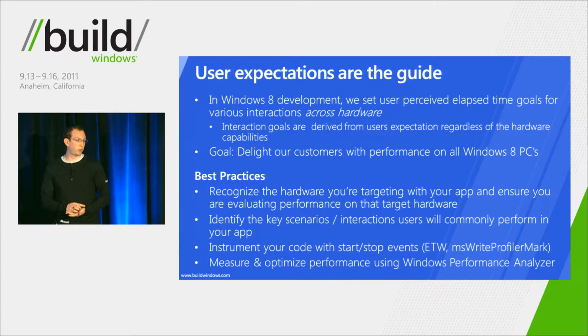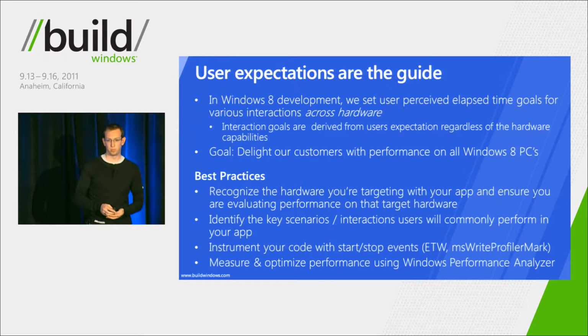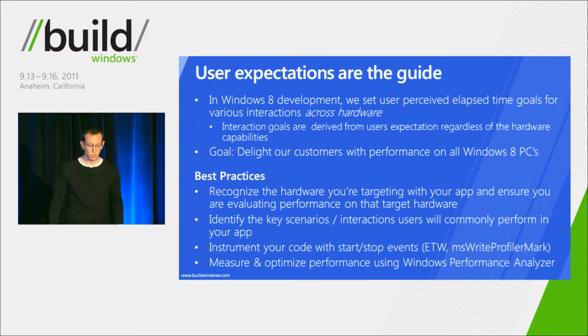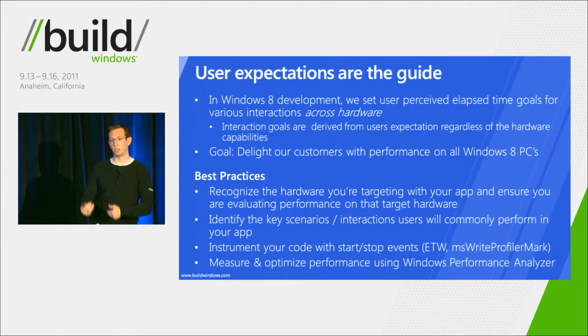So we've talked about a number of resources on the system. We've talked about general power consumption and how the app model has changed to make power consumption and responsiveness the default. What we want to talk about a little bit here is how, in Windows 8, we approach development and responsiveness. We took a look at users and their expectations of responsiveness.